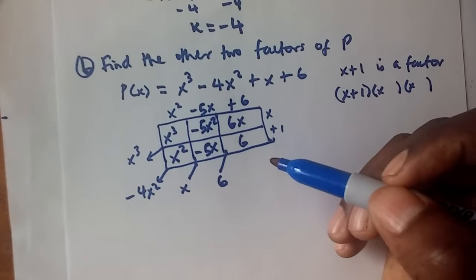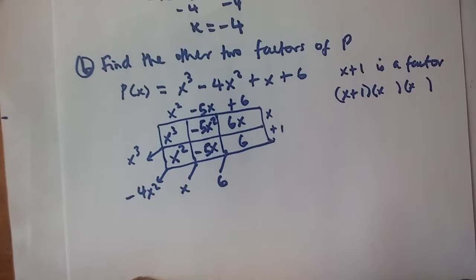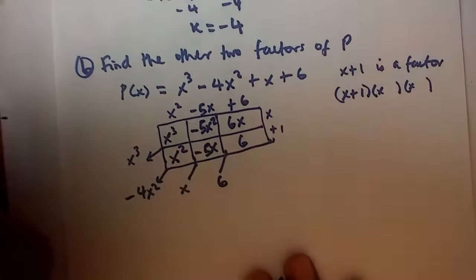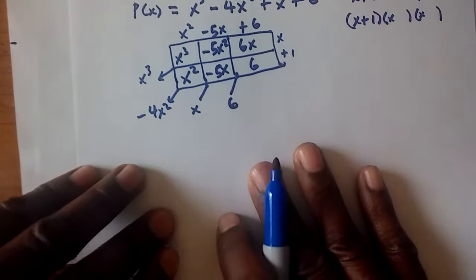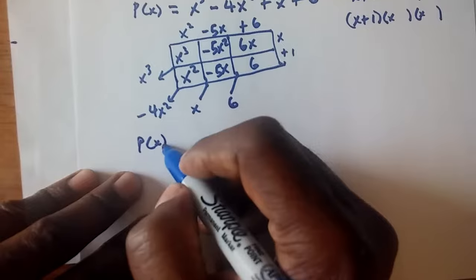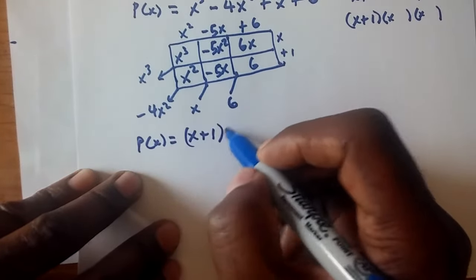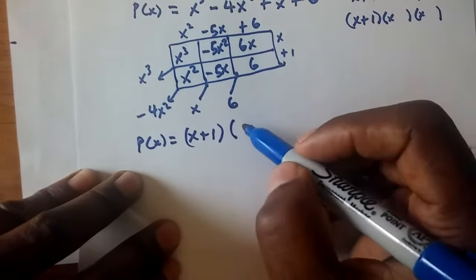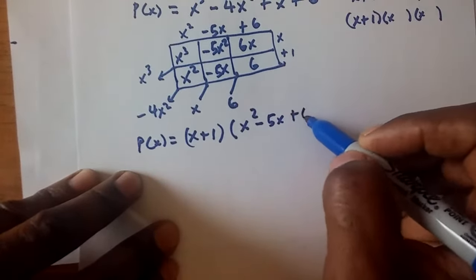So now I can write my p of x like this. My p of x equals x plus 1, the first factor, and then this new factor we just found is a quadratic factor from the division.